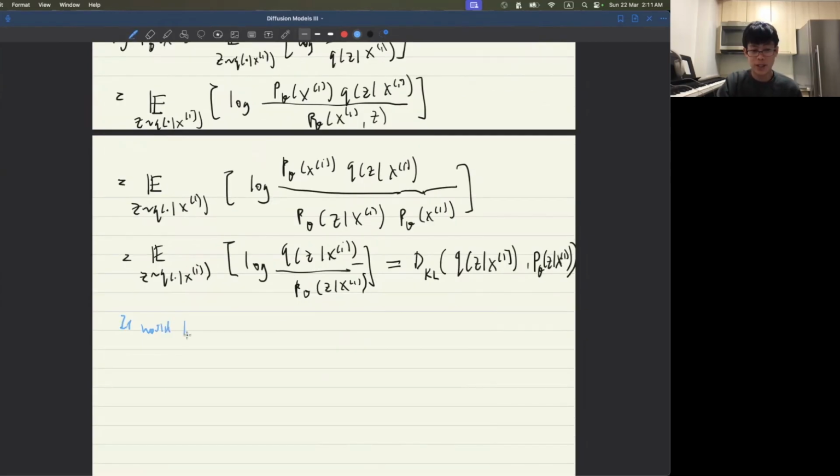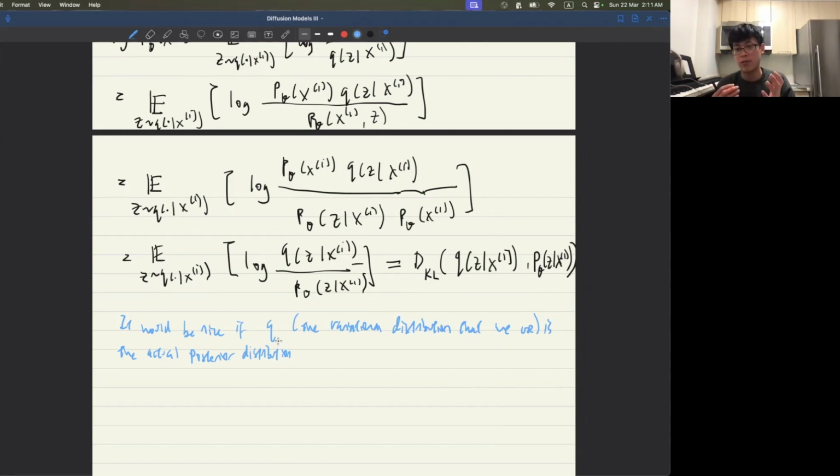I think the point here is it would be nice if Q were the actual posterior distribution. But obviously, that would be too hard to hope for. If we knew the posterior distribution, we wouldn't be using all these approximations anyway. But this really highlights that the gap between the actual log likelihood and the evidence lower bound is just the KL divergence.